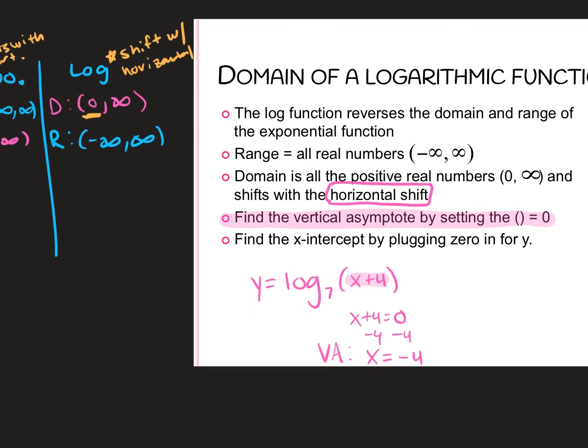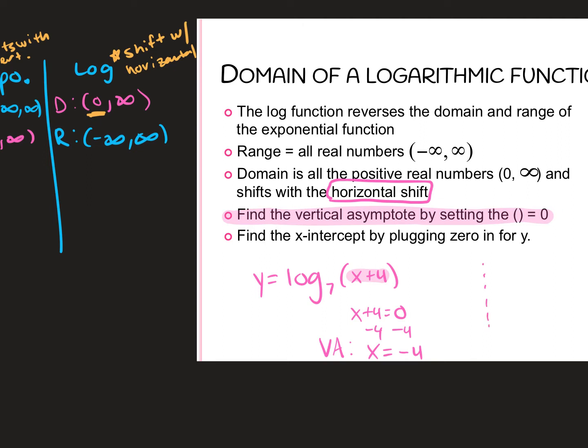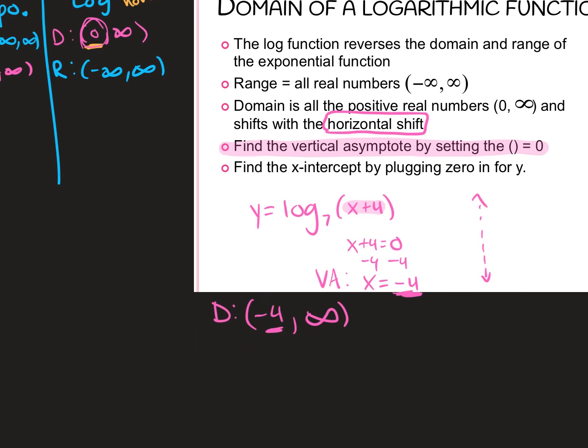And when our vertical asymptote changes, so usually our vertical asymptote is through 0, but when that shifts to negative 4, that means our domain also shifts. So that would mean for this example, our domain would be from negative 4 to infinity. So whatever our vertical asymptote is, that's what number repeats in the domain. Our range for this example, for all log functions, our range is negative infinity to infinity.